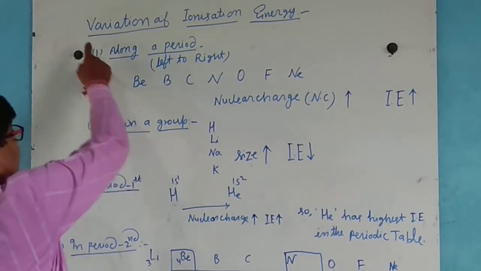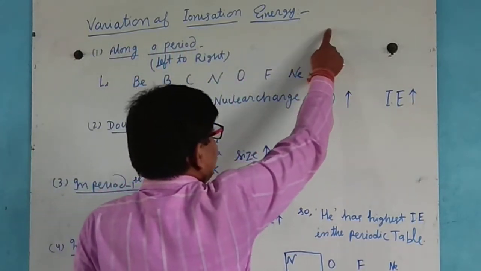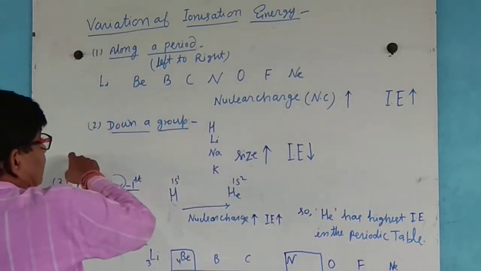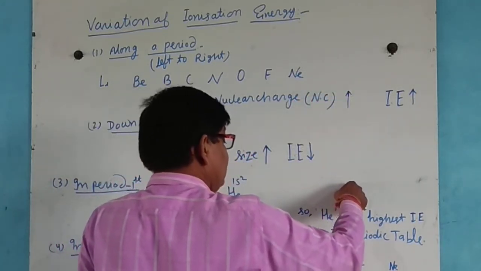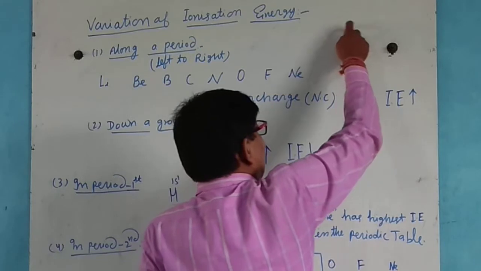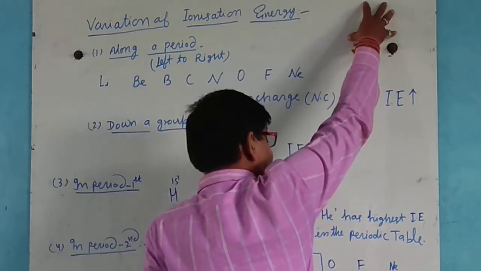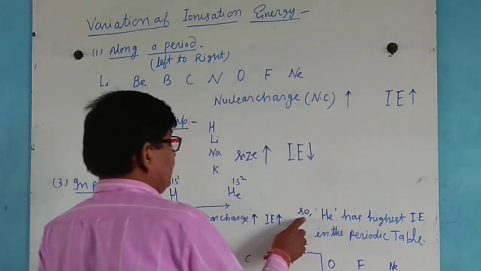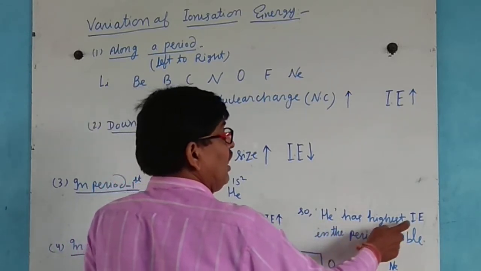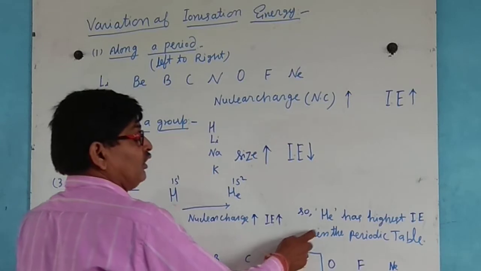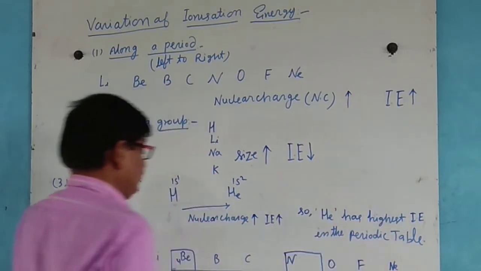As you see, along this ionization energy increases, and along this it decreases, so helium has the highest ionization energy in the periodic table.